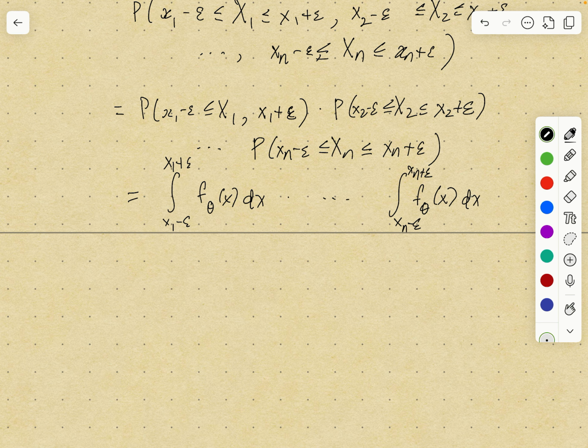And the idea is that when epsilon is really small, right, each of these integrals is approximately f sub theta of x1.